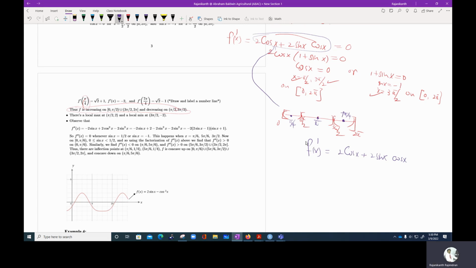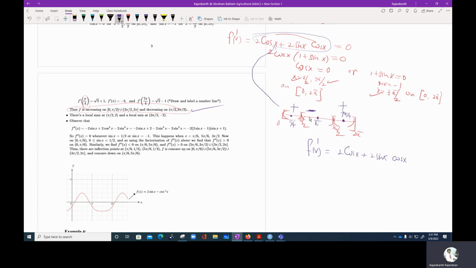Okay, if you do that, you will find the increasing and decreasing intervals, and it says the function is increasing on the first interval. That means you should get positive. So here also positive, but in the middle you have to get negative. So that's why the function is decreasing. So you could check those 3.